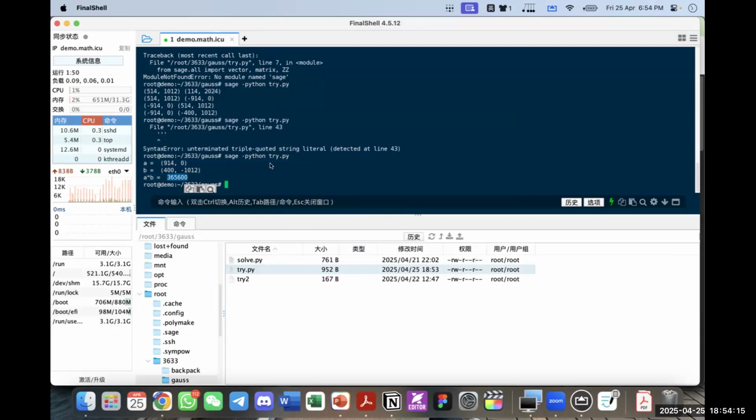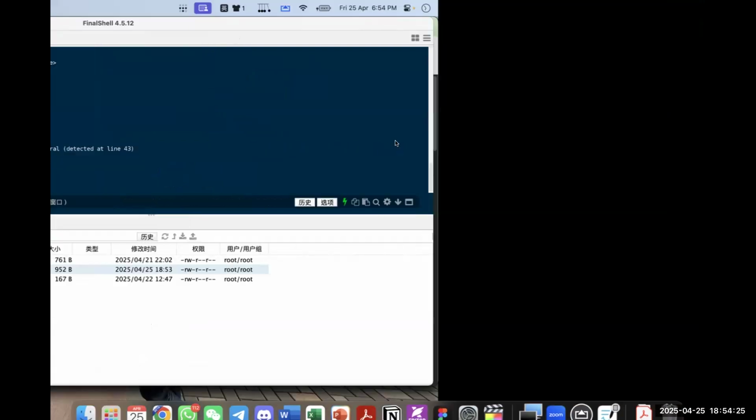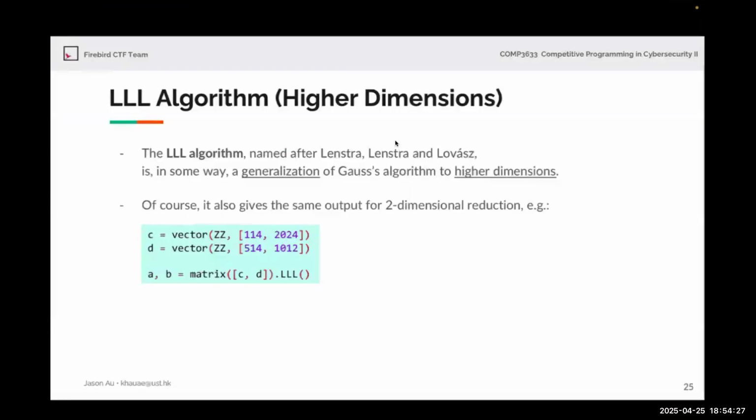Okay, so it makes sense. Some big numbers in minutes. So we see the algorithm actually does the same thing as Gaussian reduction in the two-dimensional space. And actually, if it's a higher dimension, it will also work.